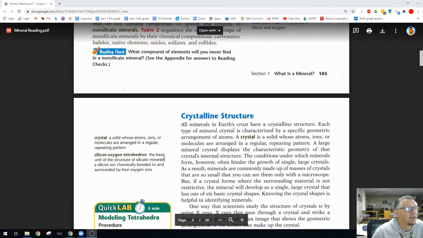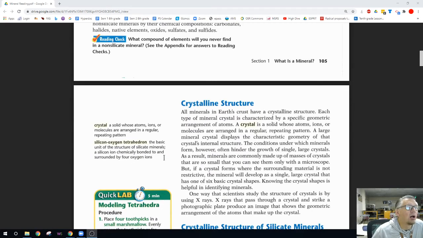Crystalline structure. All minerals in the Earth's crust have a crystalline structure. Each type of mineral crystal is characterized by a specific geometric arrangement of atoms. A crystal is a solid whose atoms, ions, or molecules are arranged in a regular repeating pattern.